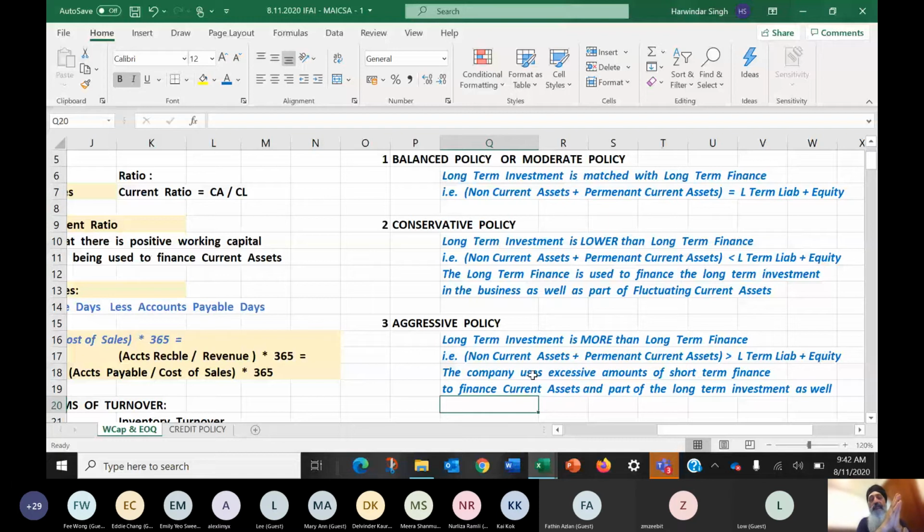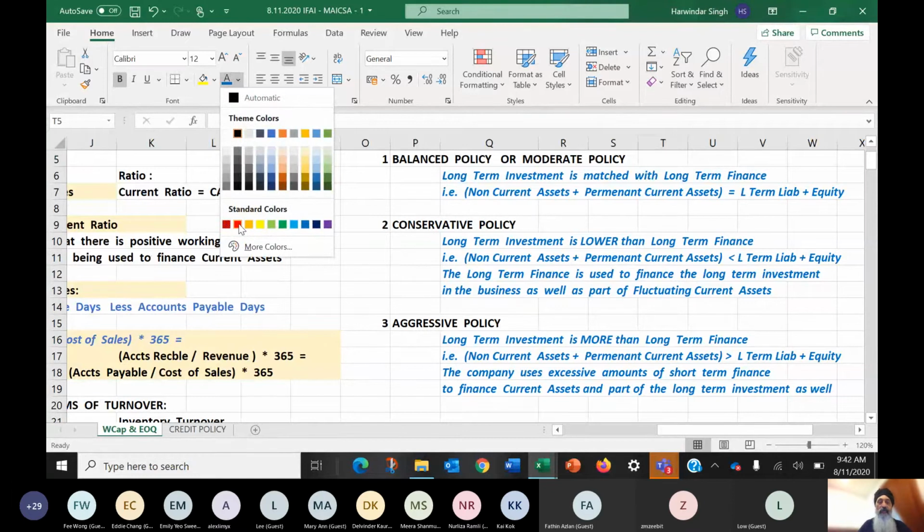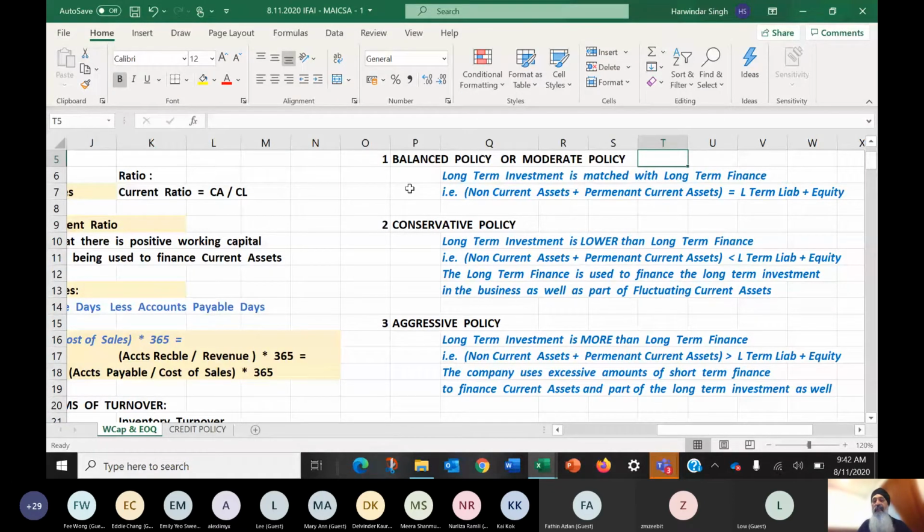Okay, so this is what they mean by the type of policy. What happens to the current ratio? They may just ask you that. What happens to the current ratio if these policies are used? With a balanced or moderate policy, current ratio is balanced.